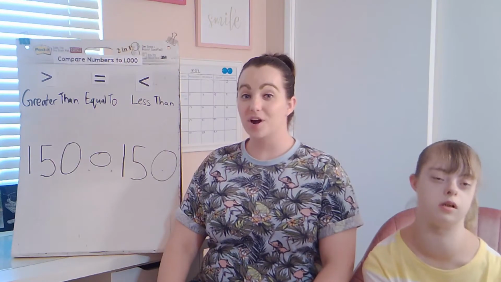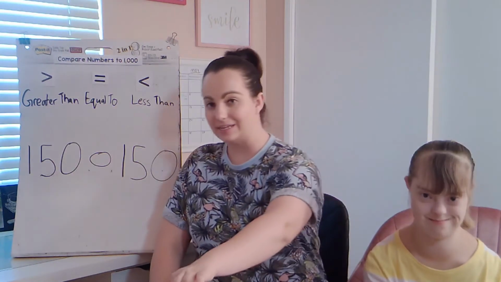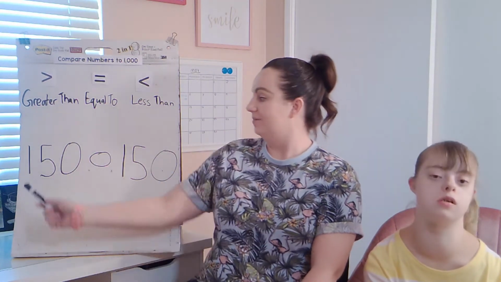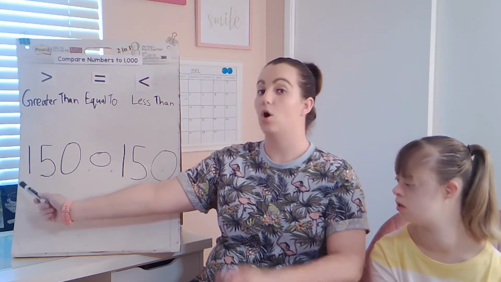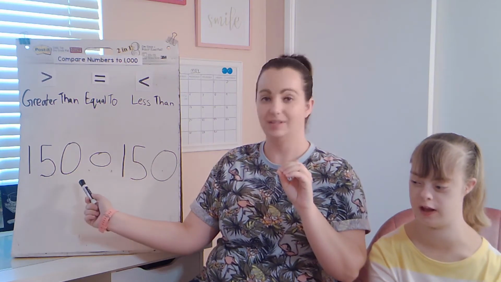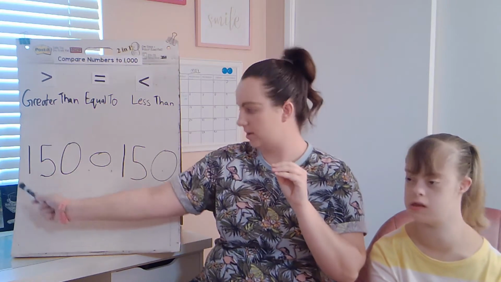Heck yeah. Here we are with our last problem in this lesson video. Let's go ahead and see what numbers we're comparing in this problem. Ready? We're going to read it together. Set, read with me. 150. Let's read it again. 150.